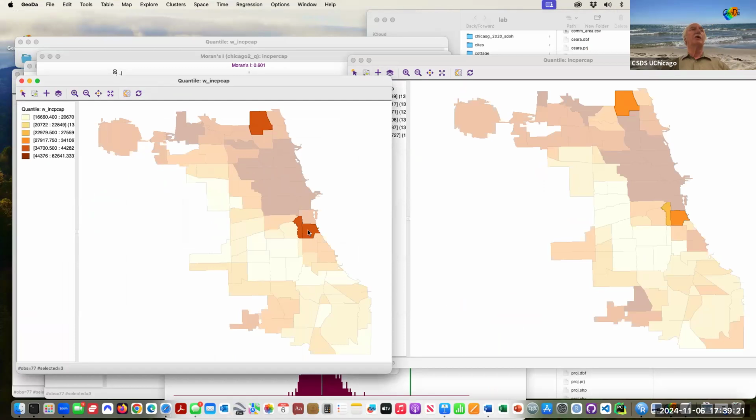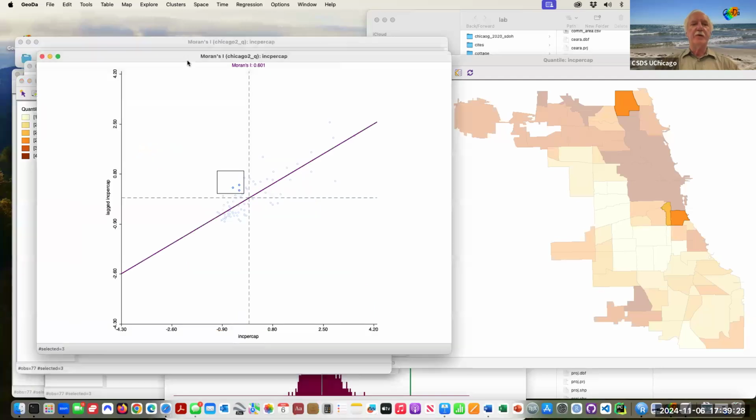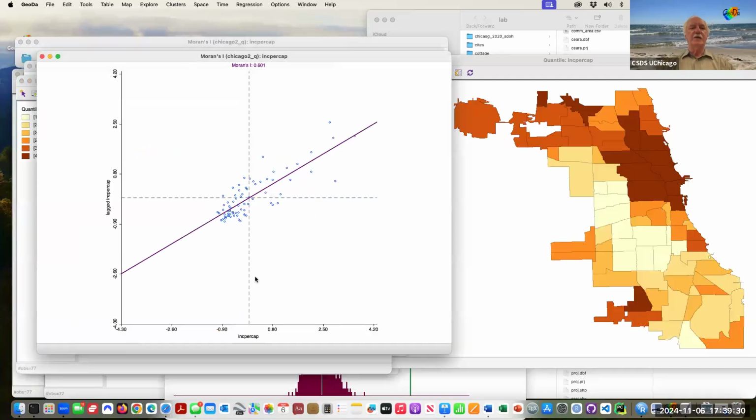And then, of course, what you want to do, so backtracking, we have the Moran Scatter Plot. This is nicely divided into 4 categories. Upper right, high, lower left, low, lower right, high, low, upper left, low, high.